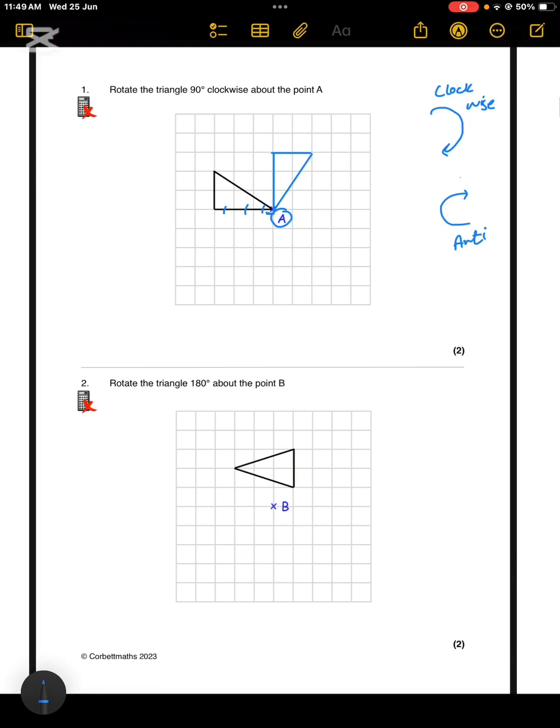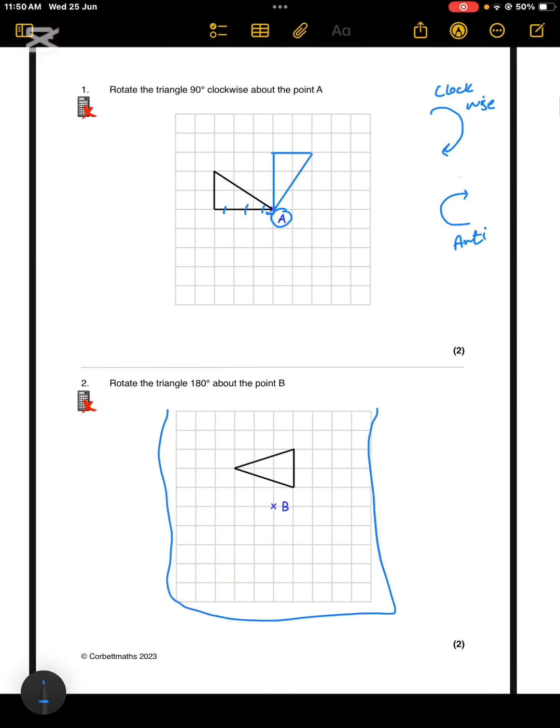These questions, specifically this question number 2, can also be done by using carbon paper or tracing paper on the graph paper. How? We have to place a tracing paper on this grid, which you can see right here.